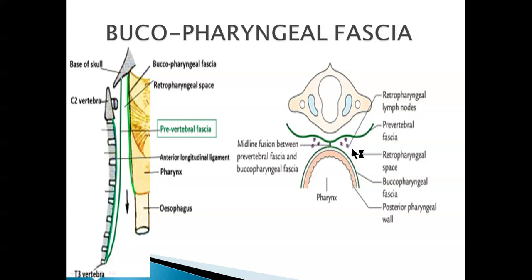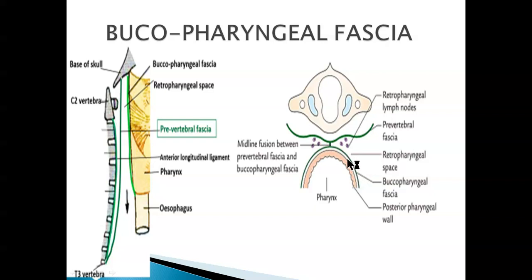These lymph nodes can get inflamed. An abscess can be formed here, a retropharyngeal abscess. Therefore, the boundaries of the retropharyngeal space would be, posteriorly, your prevertebral fascia, and anteriorly, your buccopharyngeal fascia.